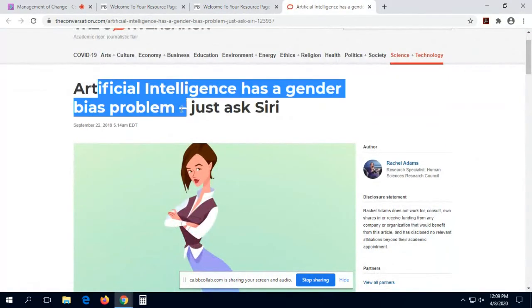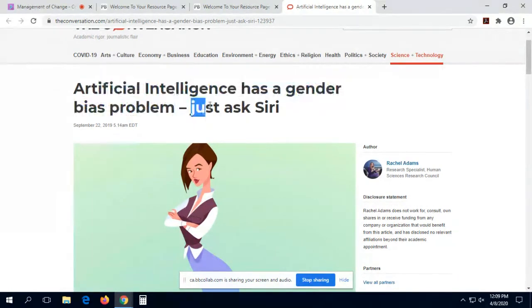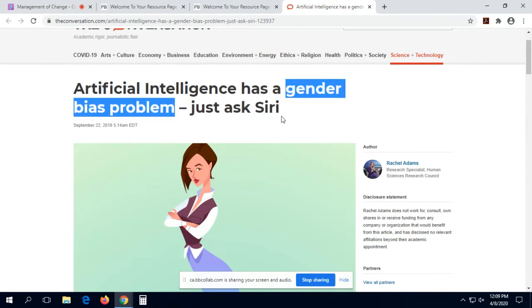Artificial intelligence has a gender bias problem. Just ask Siri. I'm sure you are familiar with Siri. So gender bias problem is also in those type of things. So now we are talking about women equality and everyone is equal, no gender bias and those things.